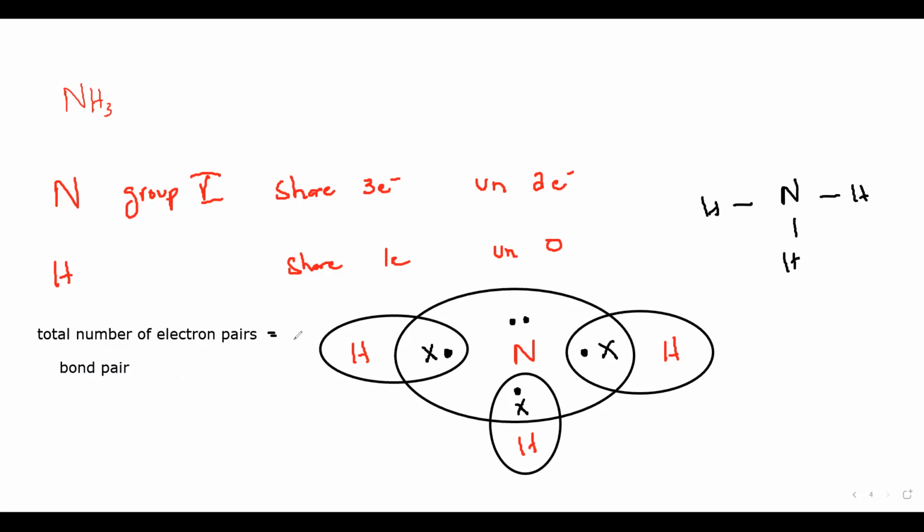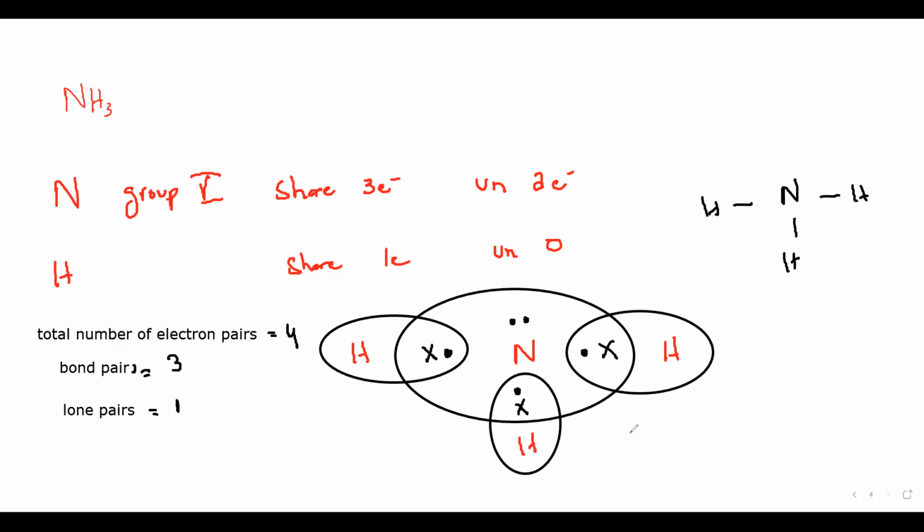Sorry, by mistake I said 8, I was counting the number of electrons. It's pairs. Then when we check the number of bond pairs, that's 1, 2, and 3. So 3 bond pairs are there. And how many lone pairs are there? The number of lone pairs when you check, that is equal to 1 only.